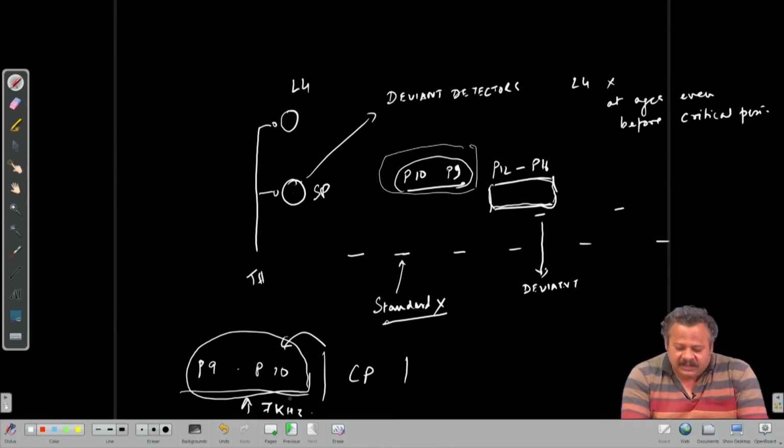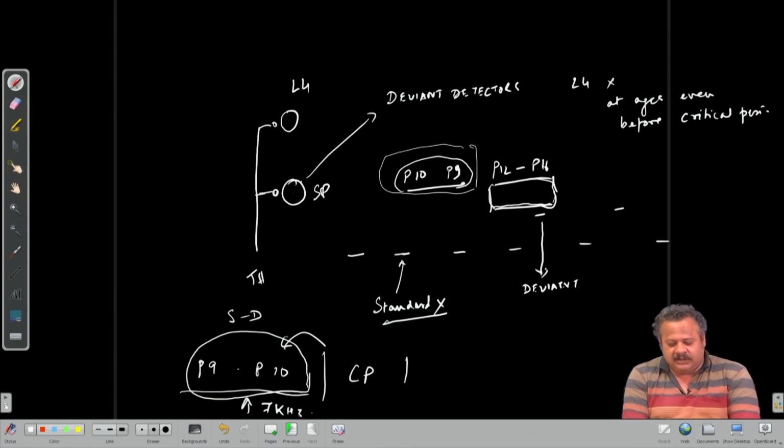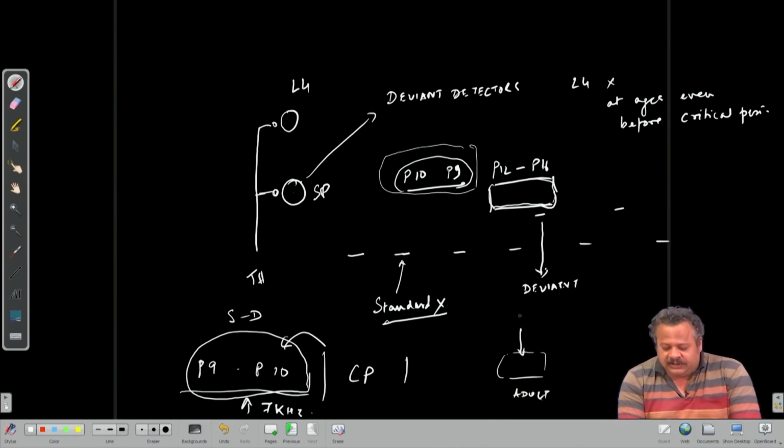So in this case, what is observed is that before this critical period, if we do a standard deviant presentation, then later on, as an adult, we find that the responses to the deviant sound are altered.